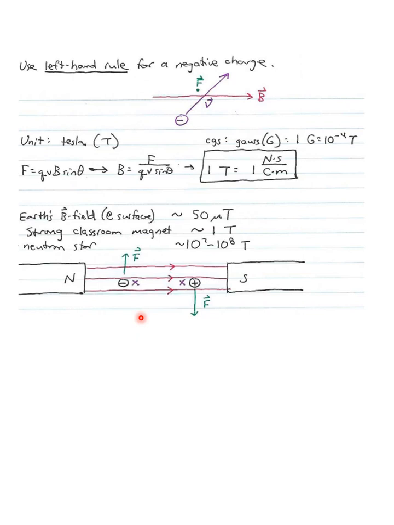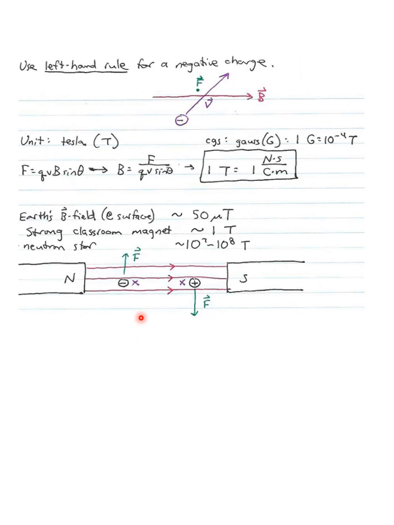My arm is rotated such that my fingers can bend to the right. And since I'm using my left hand, because that's a negative charge, my thumb points up. Or I could also be using my right hand and my thumb points down. And then I remember that it's an electron, it's negative, so it'll get forced in the opposite direction, meaning up.